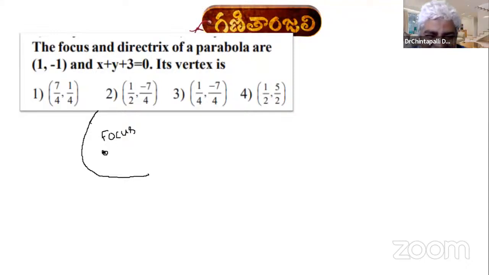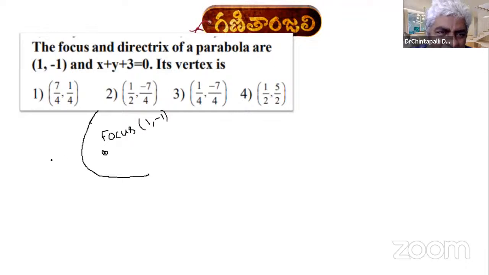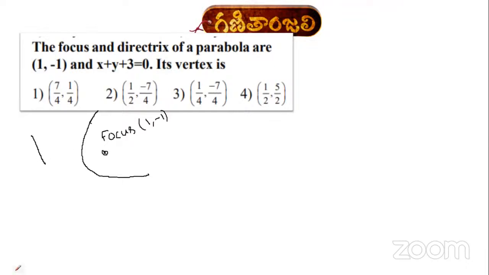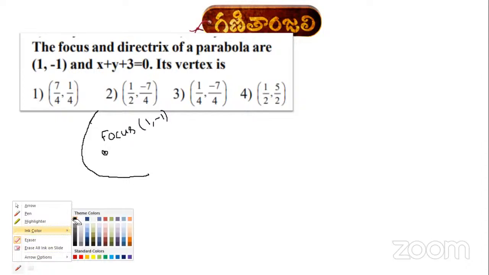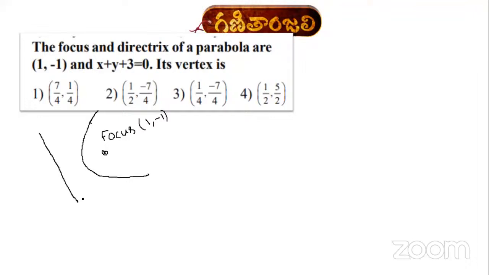Okay, okay. The name of this point is focus. Focus. Coordinates are (1, -1). Now this is the directrix. The equation of this directrix is x plus y plus 3 equals 0.